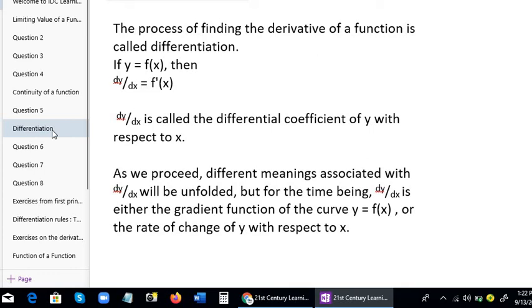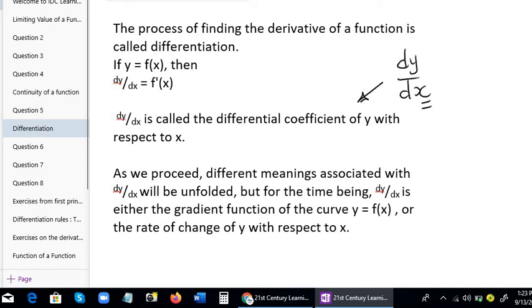We usually use different notations for that, but I know most students are quite familiar with differentiating y with respect to x. You are quite familiar with this notation. This is called the differential coefficient of y with respect to x.